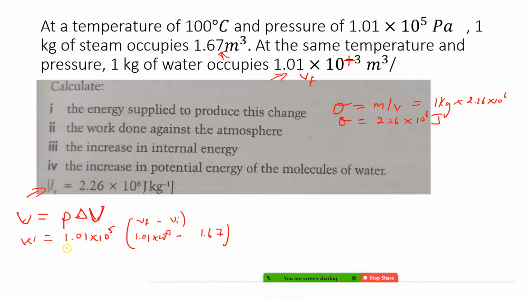So we're essentially multiplying this pressure by the difference in the volume, right? Because I'm doing work against the atmosphere, does that mean my work is going to be positive or negative? Let's see. If you're doing work against the environment, that means your gas is expanding, right?